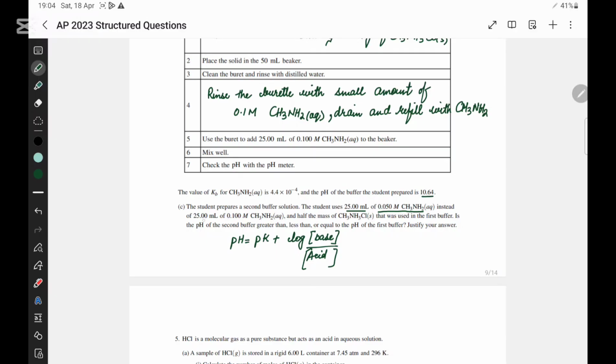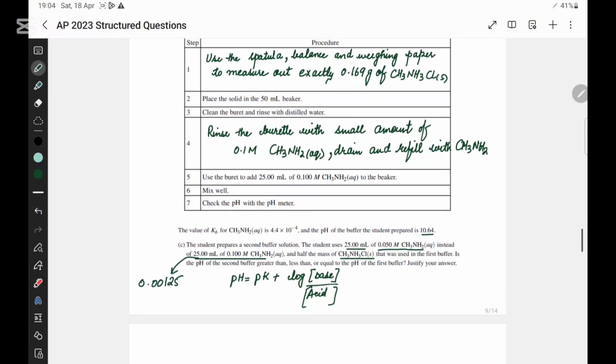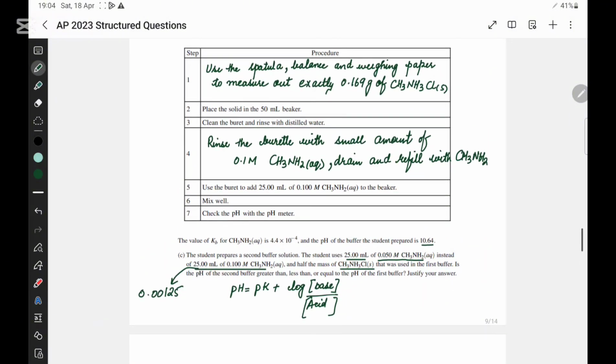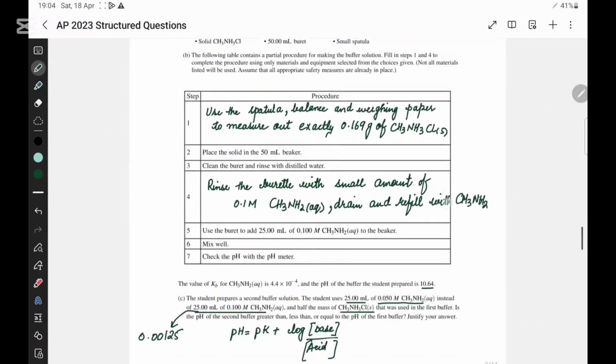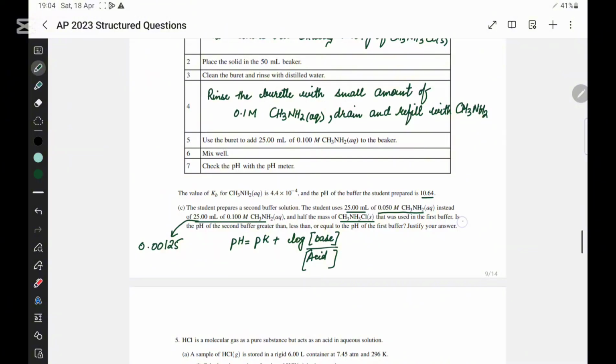Right now they are using this much, so the number of moles of CH3NH2 is going to be 0.00125, and as the moles of CH3NH3Cl are half, and as they are equimolar, before they were 0.0025, now they also become 0.00125.